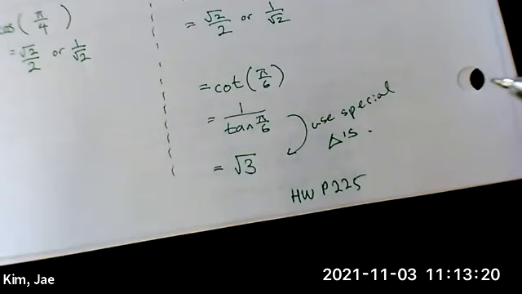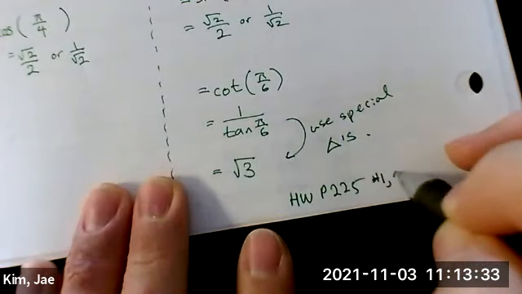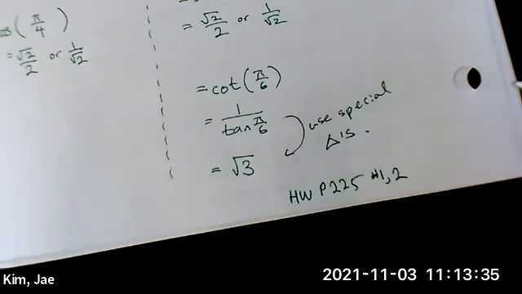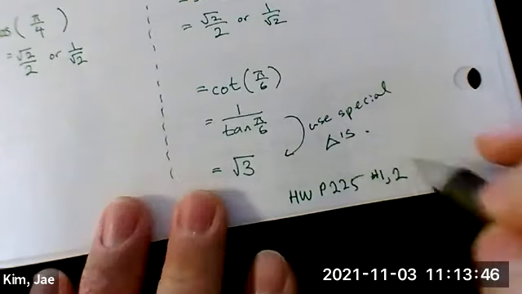Numbers 1 and 2 work, given that this pi over 7 is definitely small. Okay, the first expressed as a difference between the correlated ratio.